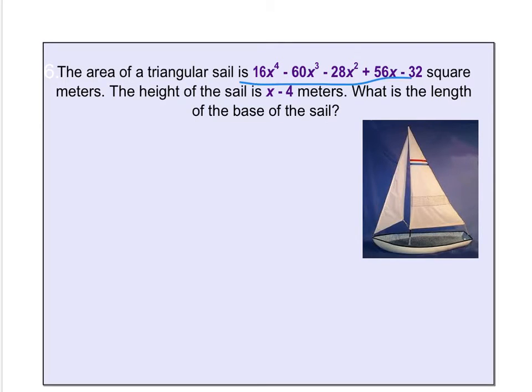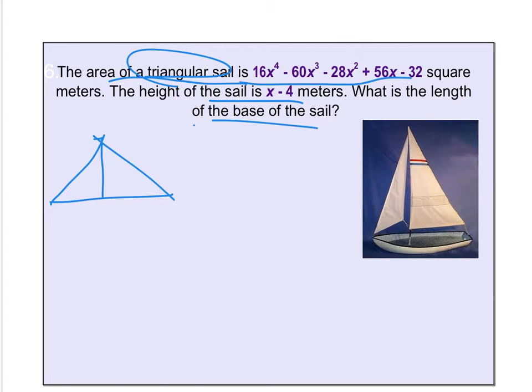Same kind of idea here. A triangular sail is 16x to the 4th, 60x cubed, 28x squared, 56x minus 32. The height is x minus 4. What is the length of the base of the sail? Now, triangular. Triangles go like this, right? The area of a triangle is 1/2 base times height. So the area is this whole thing. My height is x minus 4.